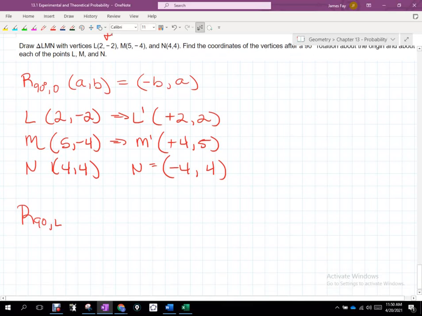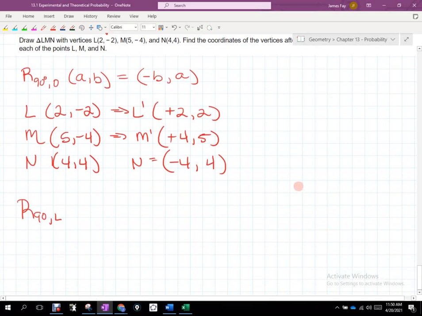So what we do, and I'm going to draw just a quick sketch of this, and we'll do maybe 1 or 2 of these, but L is at 2, -2. So there's L. We are going to make L become 0, 0.